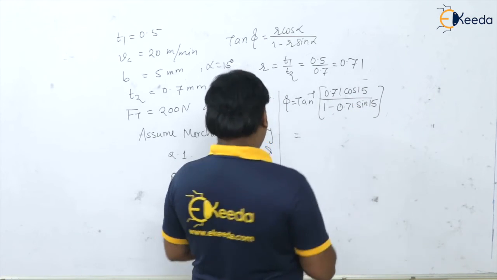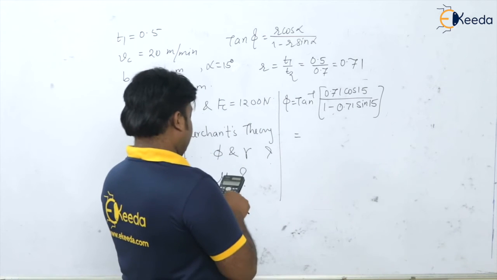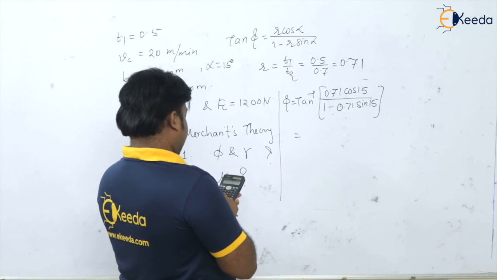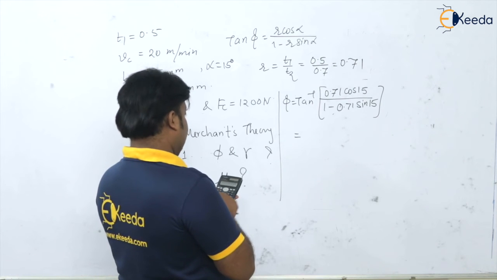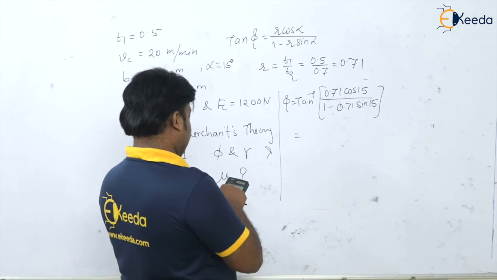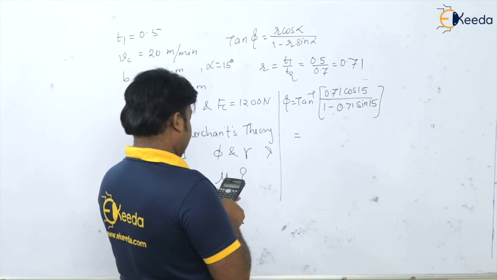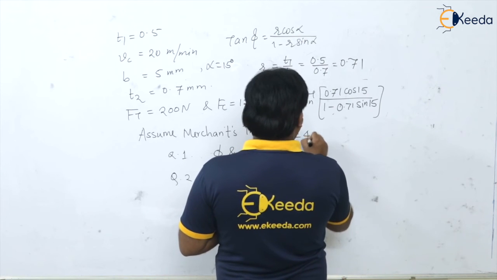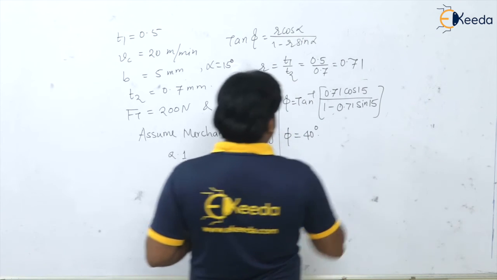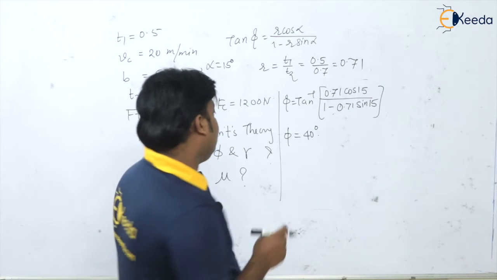If you calculate, it is 40 degrees. So phi is 40 degrees. Okay. And how do we calculate shear strain?